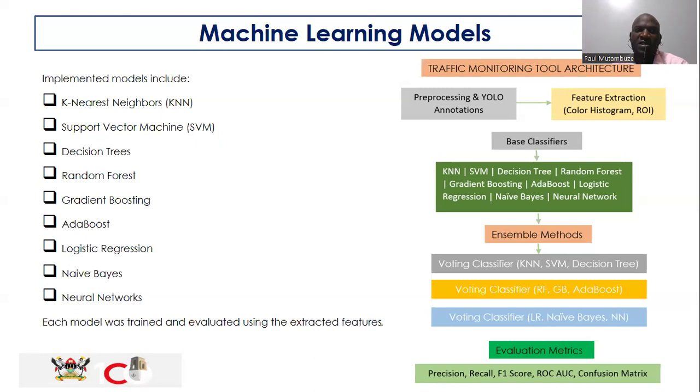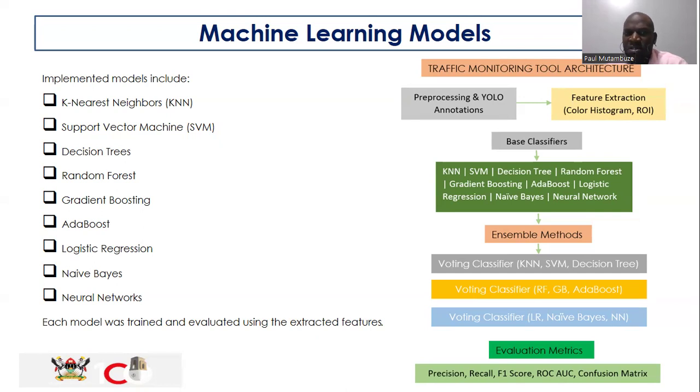After that we feed this into the base classifiers, which include KNN, SVM, decision tree, random forest, gradient boosting, logistic regression, and neural networks. From this, we move on to the ensembles.